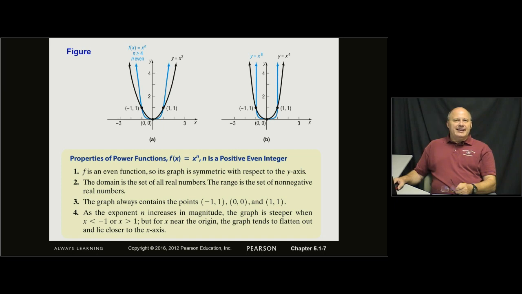The bigger the even number is, the sharper up it looks, but they all have the same characteristic. They all go up. Both of the extremes go up. That's what we call the end behavior, E-N-D B-E-H-A-V-I-O-R, end behavior. So that's what power functions look like.